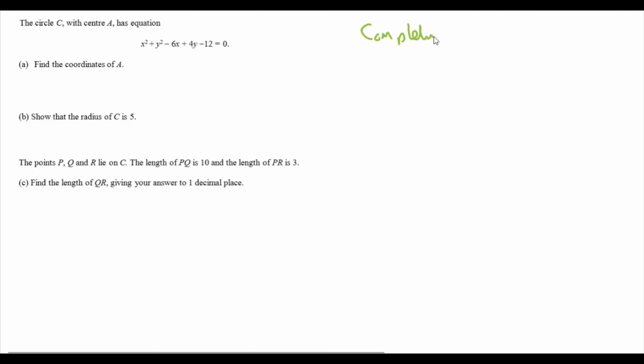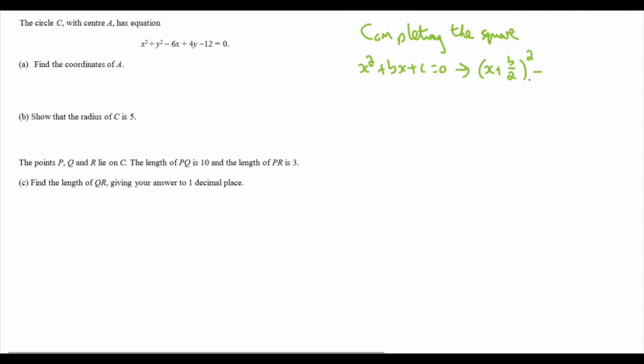If you're not familiar with this, this is just a way of putting a quadratic like this into a squared bracket followed by a number. So what we're going to do is, if you have let's say x squared plus bx plus c equals 0, we're going to create some squared brackets and do x plus half of this number in the middle.